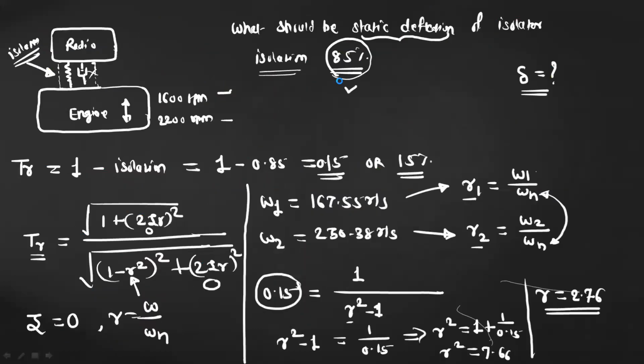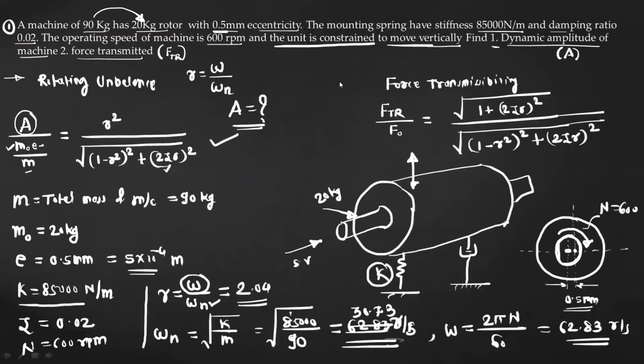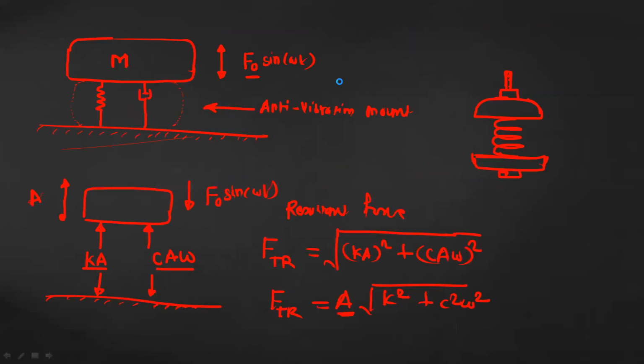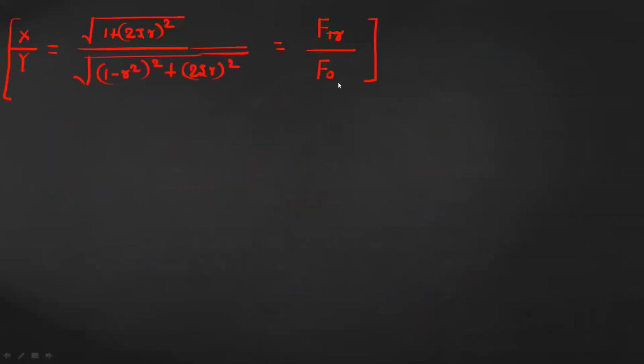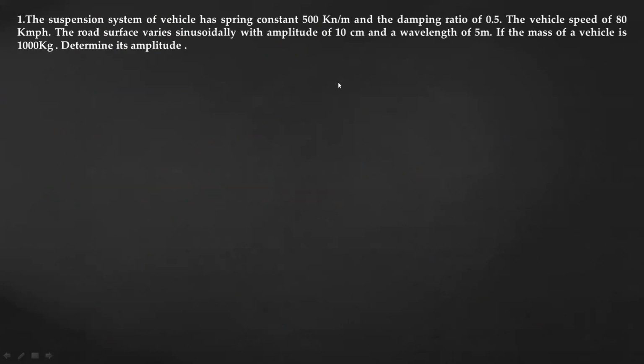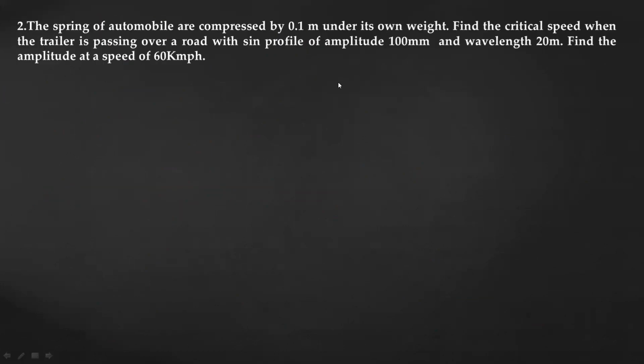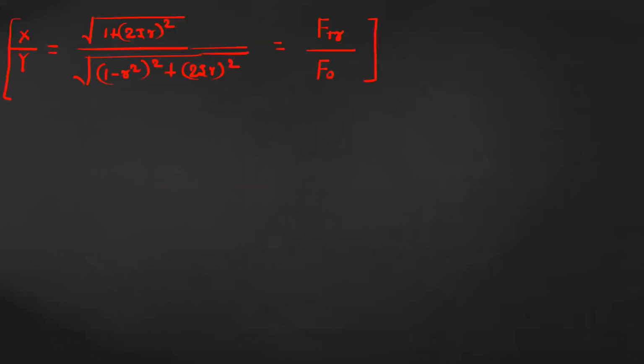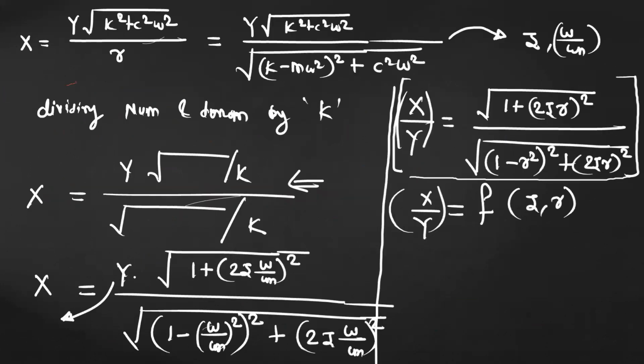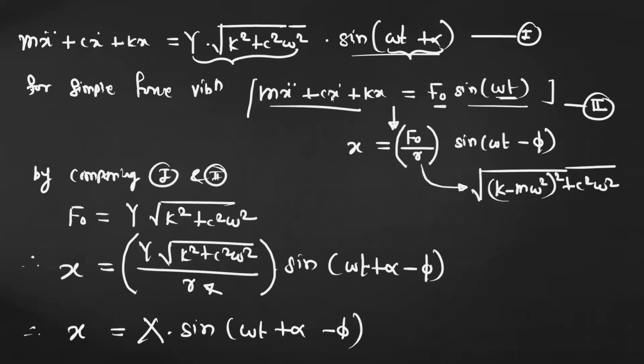So if you refer to the derivation, here you can see the complete phase lag for the transmissibility. This is the total phase lag. Okay, total angle omega t plus alpha minus phi.